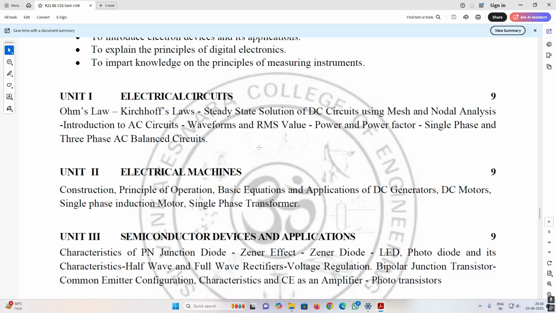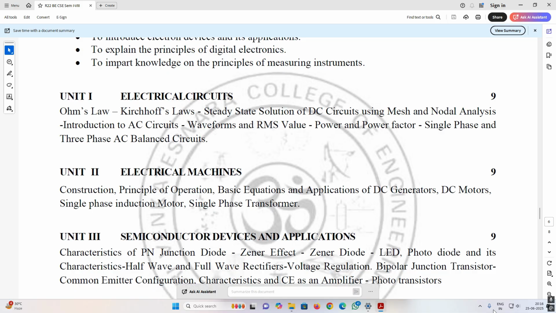Next we shall move on to unit 3. So here we are going to study basic electronics. So unit 3 deals with semiconductor devices and applications.